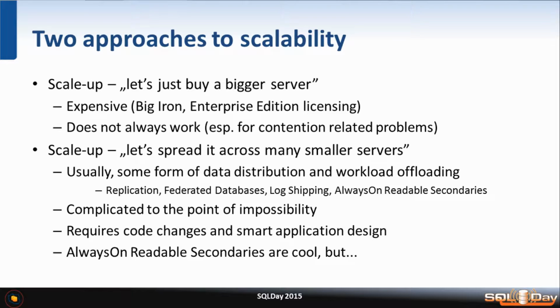It could be log shipping, so you have this readable secondary standby database that you could try to use. You have Always On readable secondaries now that you could take advantage of and send some of your queries to that secondary. All that sounds pretty cool, except in practice it's complicated to the point of impossibility. Try to do it in production and you're going to be banging your head against the wall.